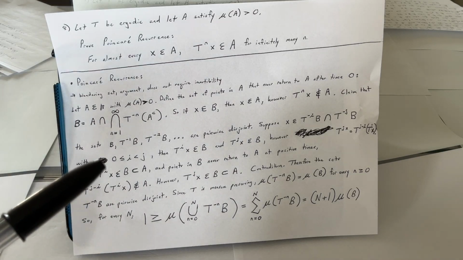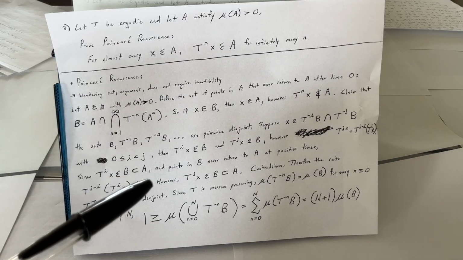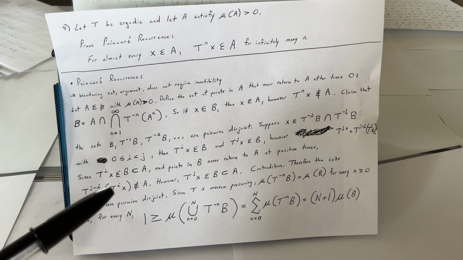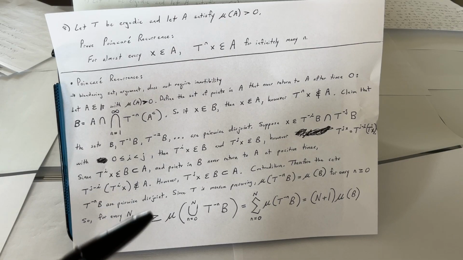And since T to the i x belongs to B, in A, and points in B never return to A at positive times, then T to the j minus i applied to T to the i x is not in A.